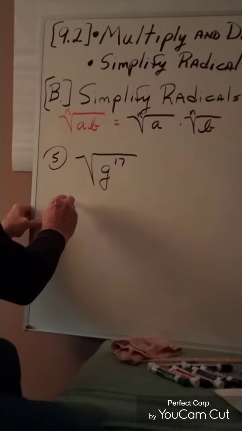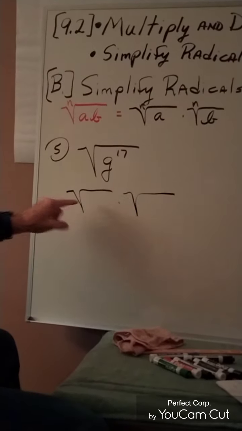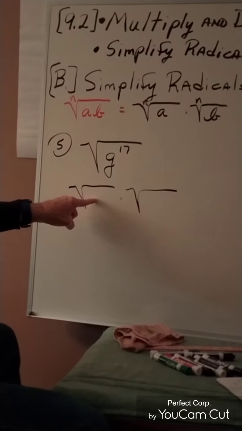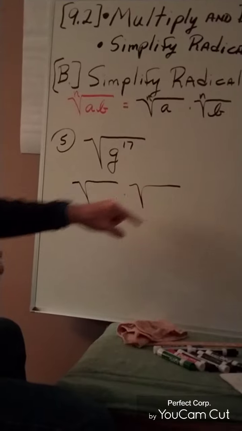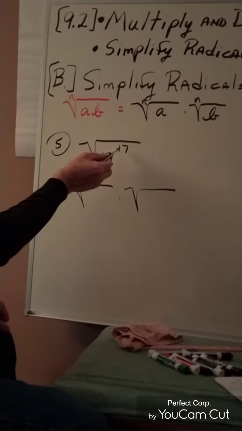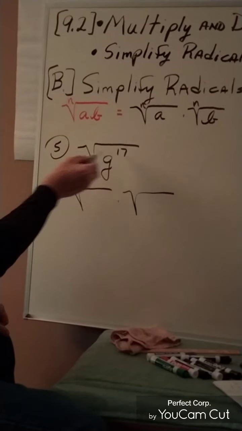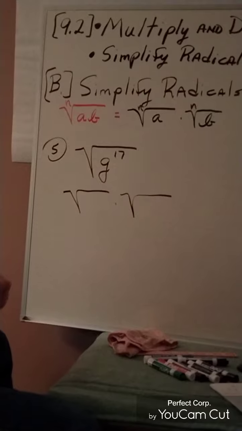So we're going to bring down our 2 radical signs. There's going to be our largest perfect square factor of g to the 17th, and that's going to be the irrational. Simply do this. Go to the odd exponent of 17 and decrease that by 1.